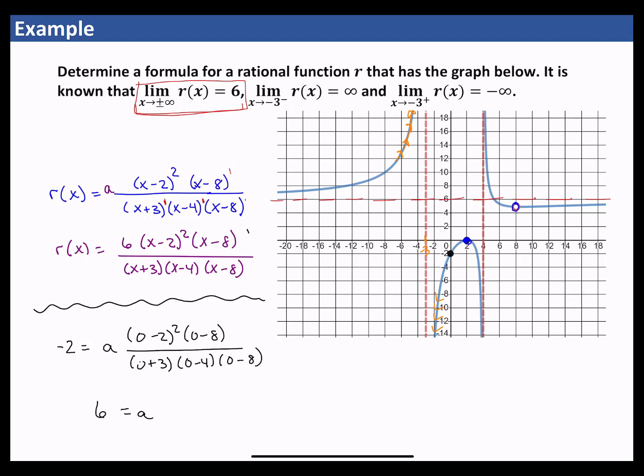So that would confirm that our rational function of this graph has an equation of 6 times x minus 2 squared times x minus 8 divided by x plus 3 times x minus 4 times x minus 8.